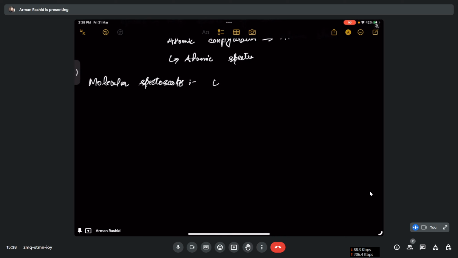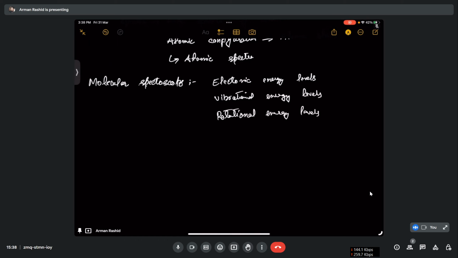We have electronic energy levels, then vibrational energy levels, then rotational energy levels, and translational. You have to see that the translational levels are not quantized, so we don't see a translational spectroscopy, but we have electronic, vibrational, and rotational.